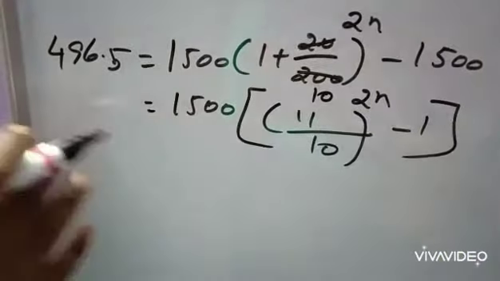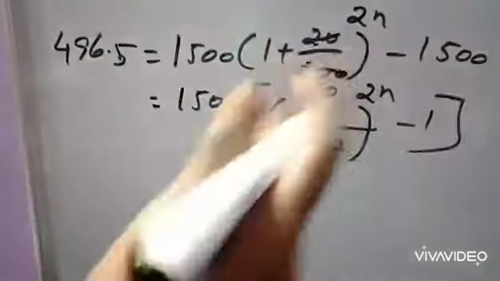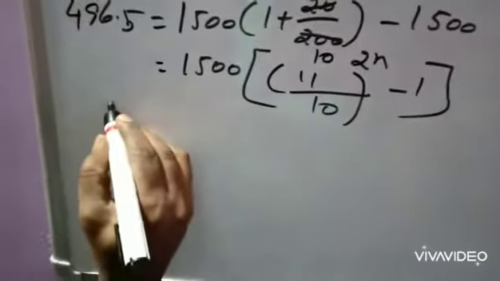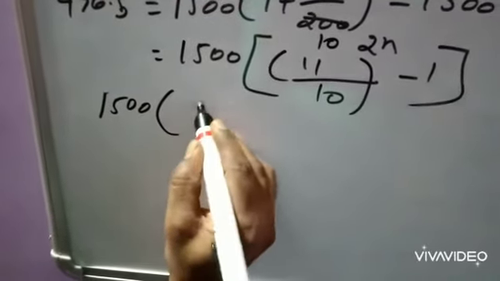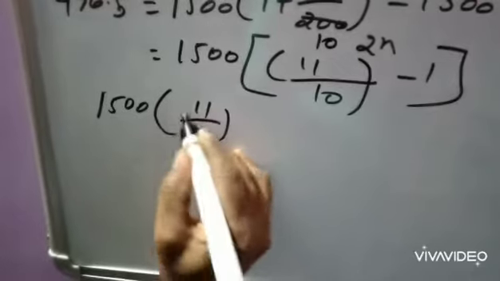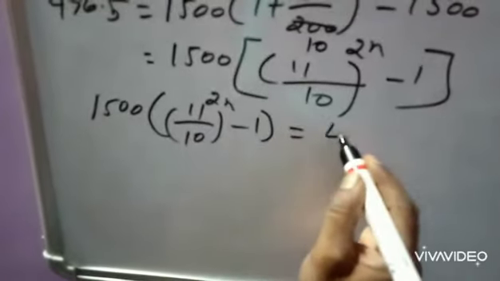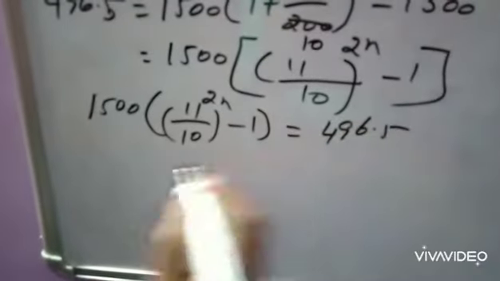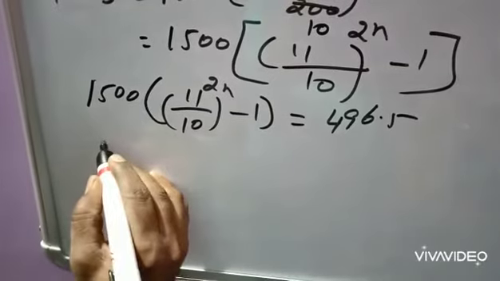So we can do a small adjustment, we can take this to the left hand side and this to the right side. So 1500 into (11 by 10 power 2n minus 1) equal to 496.5. So this 1500 will go to the right hand side as a denominator.